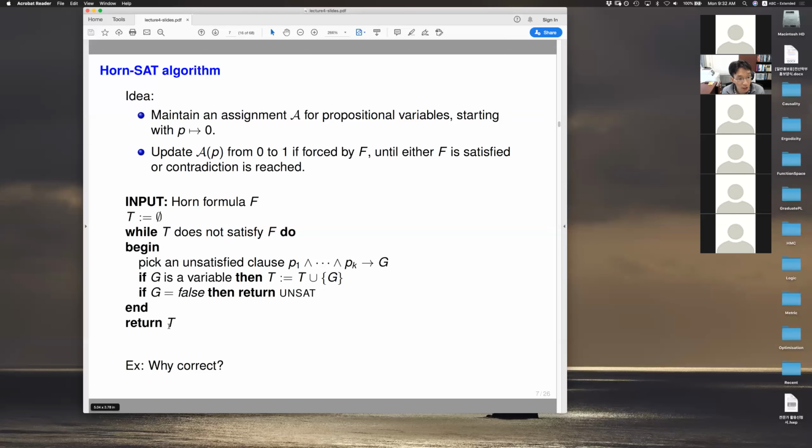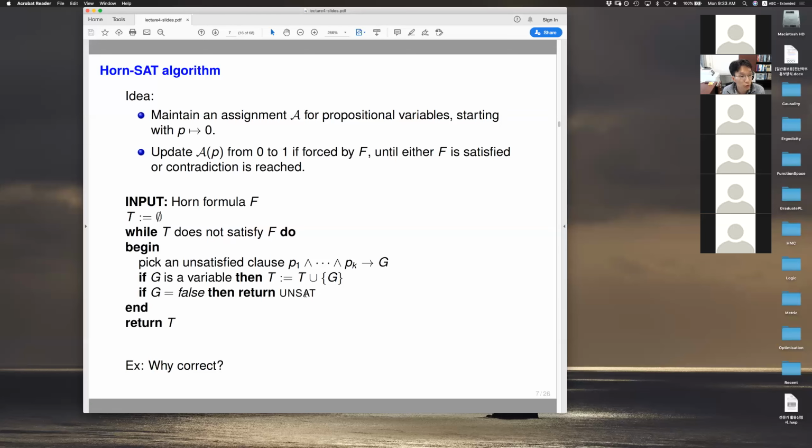But there is another case where the algorithm terminates, which is by returning unsat. For this unsat case, we can't really check easily whether it's really unsatisfiable or not. So there may be a case where this algorithm returns unsat, but still the formula f is satisfiable.